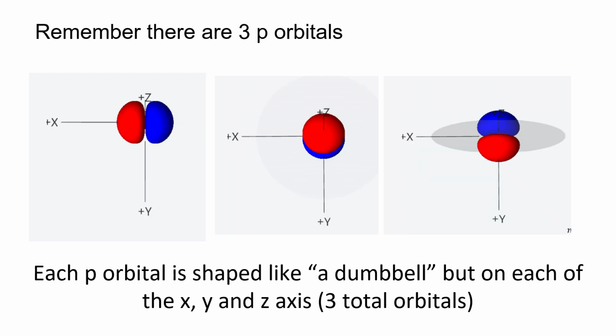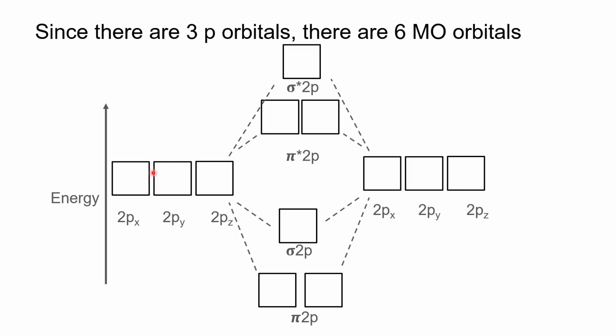All right. Remember how the p orbitals, there are 3 of them. There's one on the x axis, one on the z axis, one on the y axis. They look like dumbbells. If there are 3 p orbitals, it should make sense that the p's combine to make 3 bonding and 3 anti-bonding. There are 3 situations where they're all in sync, and 3 situations when they're not in sync.